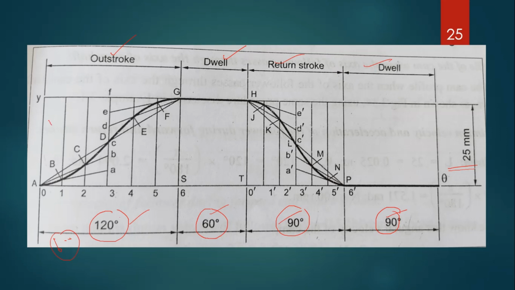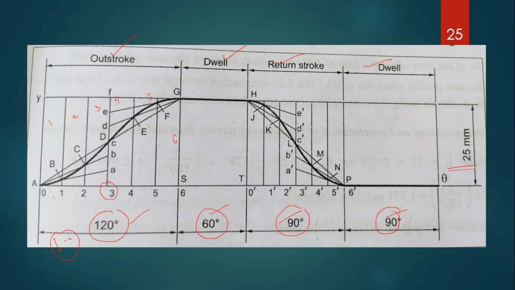This is segment 1, 2, 3, 4, 5 and 6, right? After completing this division into 6 segments, draw the vertical lines for each division. Here the scale is 1 degree equal to 1 mm, so each division is 20 mm, like 6 divisions are there.